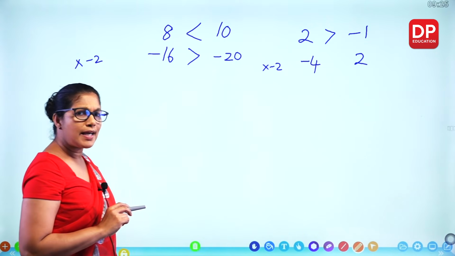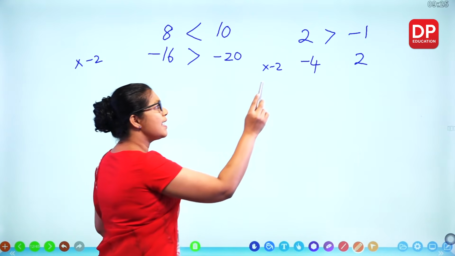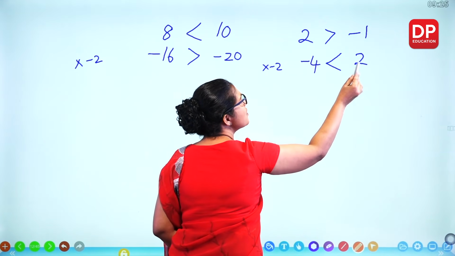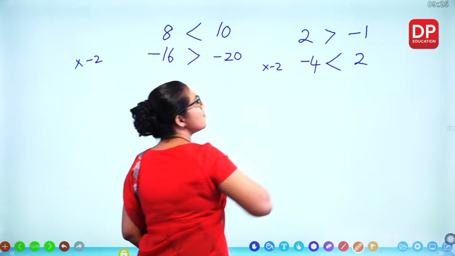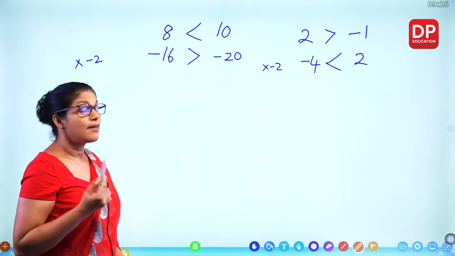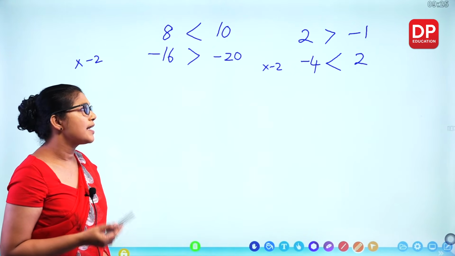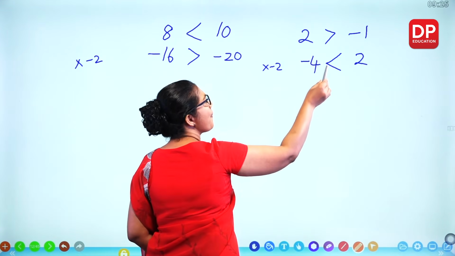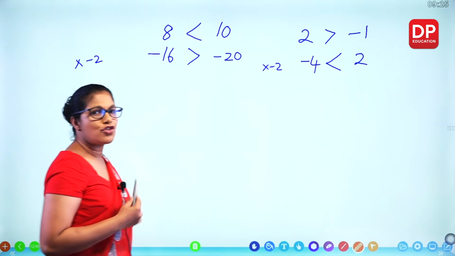Now which one is bigger? We see 2 is greater. So we have to use this symbol when you compare these two numbers, minus 4 and 2. So what happens again? The sign changes.